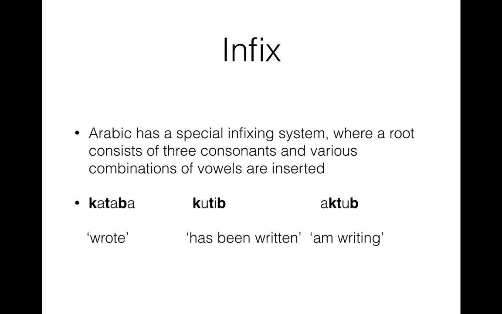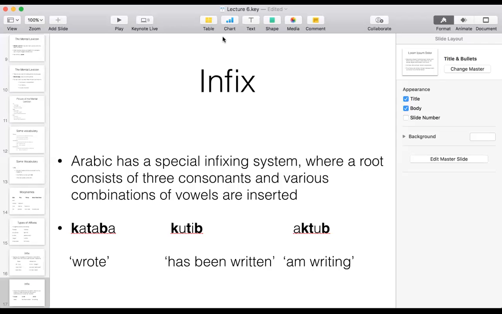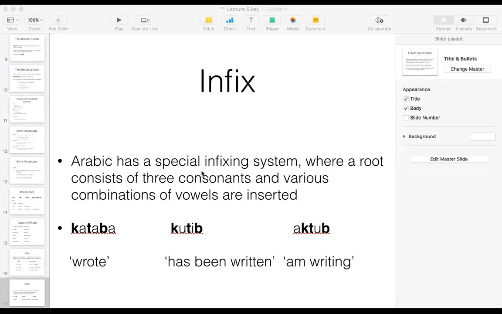Does anybody know what this kind of morphology is called? This is called templatic morphology. Arabic and Hebrew and those kinds of Middle Eastern languages are very well known for showing this kind of templatic morphology.